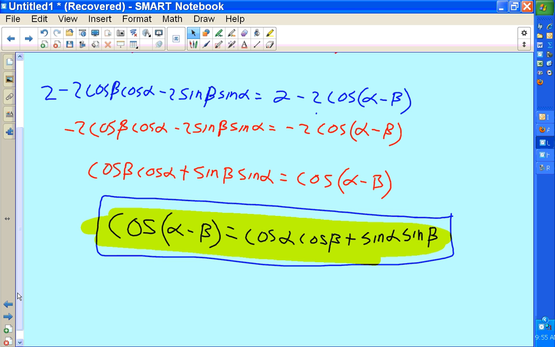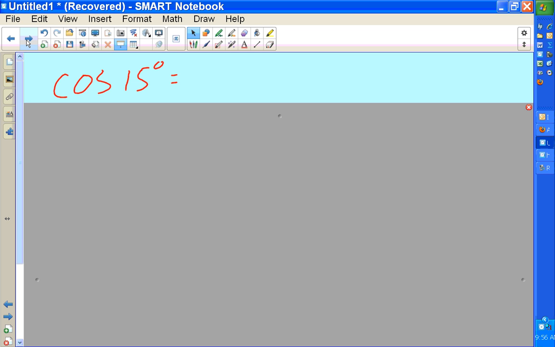Cos alpha cos beta plus sine alpha sine beta. We can use that formula to find the exact value of, in this case, the cosine of 15. How can I use that formula to find exact values for the cosine of 15?